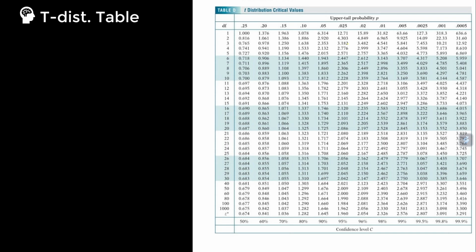Here is our t distribution table, and they are asking us to find the area to the right of 2.120 with 16 degrees of freedom. In this table, DF is our degrees of freedom, so we look at 16. This is our 16, and we look at 2.120. The area to the right of it is our probability.